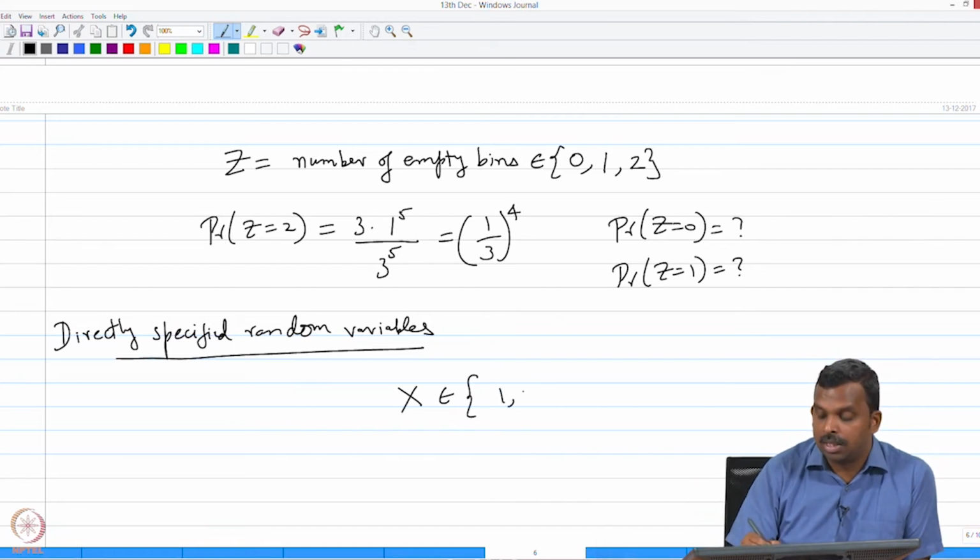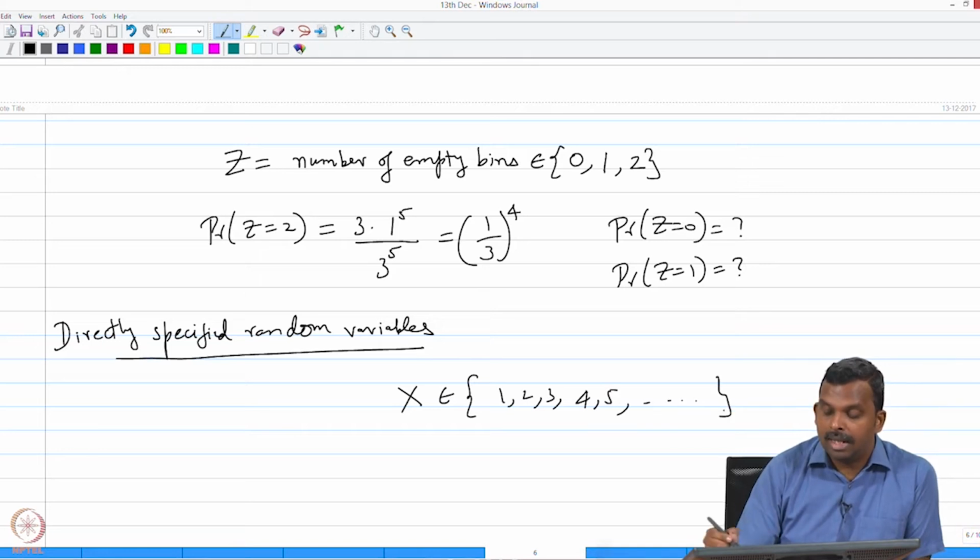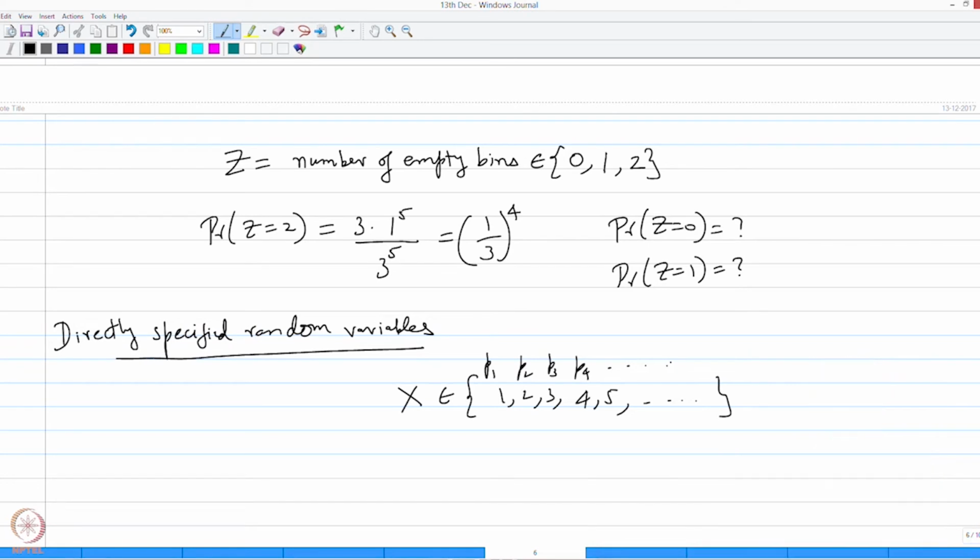So, maybe a set of values, let us say 1, 2, 3, 4, 5, and so on. Okay. And somebody will tell you that the probability of 1 is P1, probability of 2 is P2, P3, P4 and so on. Okay. So, the values of X and the probabilities are given. Okay. So, this is like just directly specifying this is the random variable I am considering.